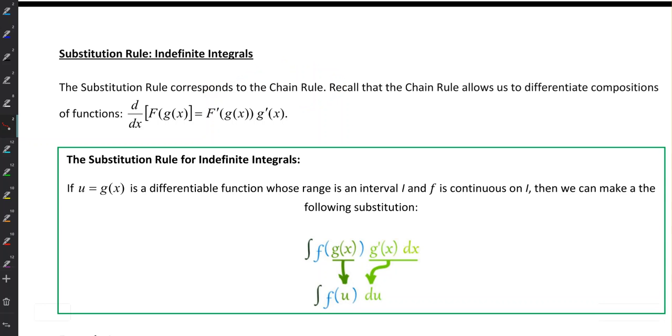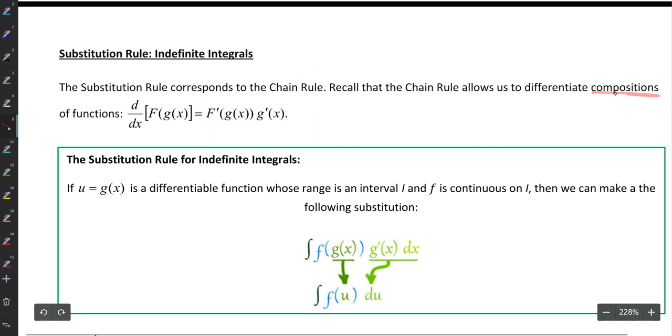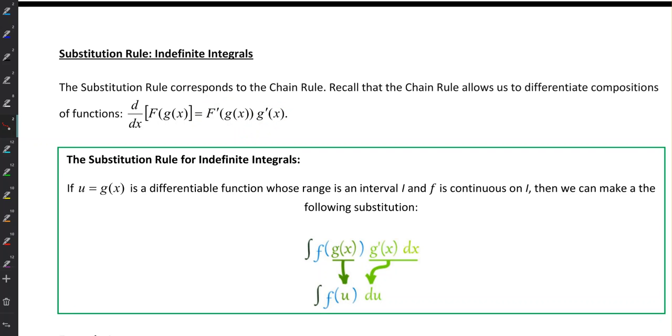We're undoing chain rule. Remember that chain rule is used when you're taking the derivative of a composition of two functions. For example, if I have the derivative of f of g of x, that's a composition of two functions, I'm going to take the derivative of the outside function evaluated at the inside function, chain rule, times the derivative of the inside function.